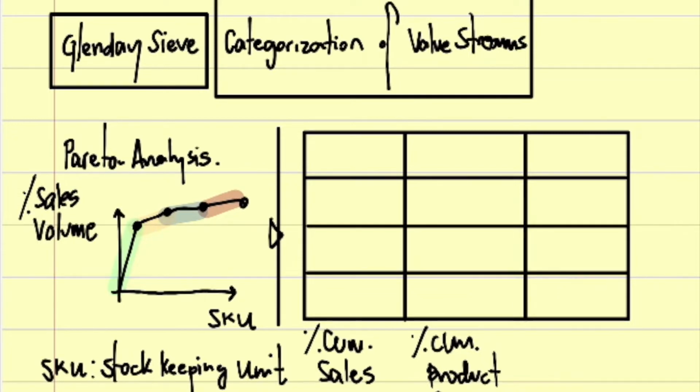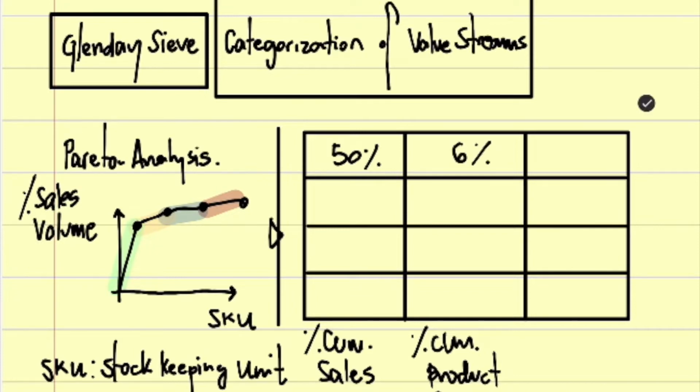So the first 50% of your sales, and this is just a rough value, it can be 49, it can be 55, turns out to be just 6% of the SKUs.